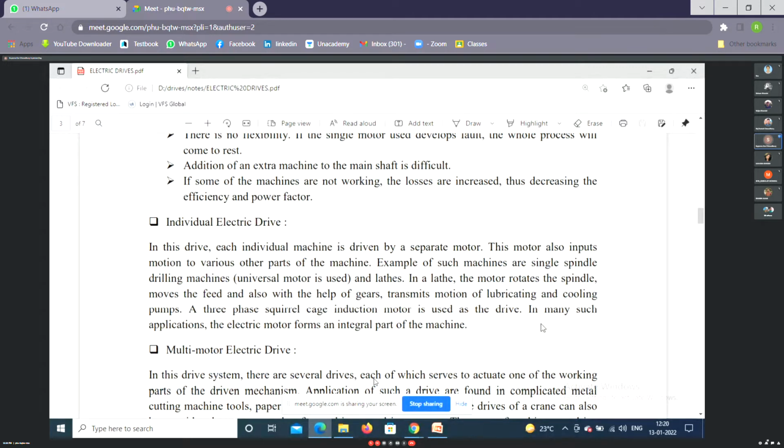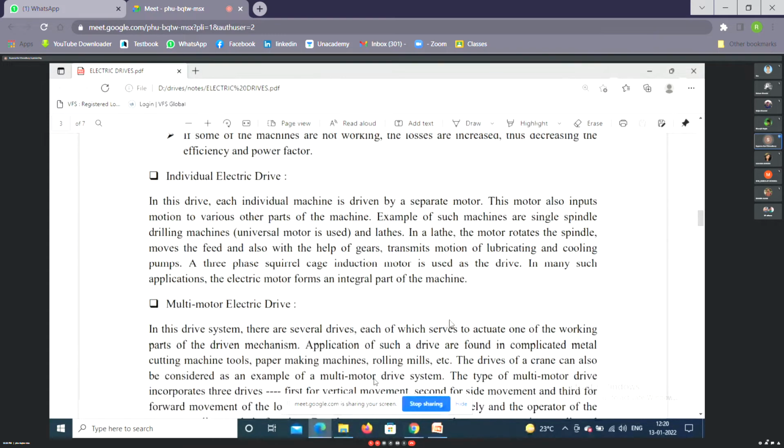So in the lathe machine itself, we require different types of motions, and all those motions are imparted by the single motor, and this motor is an integral part of the system.